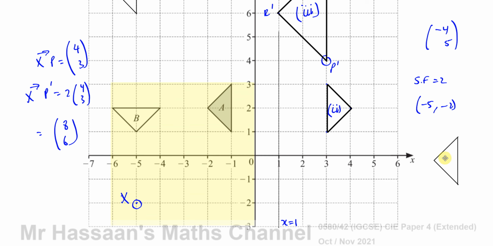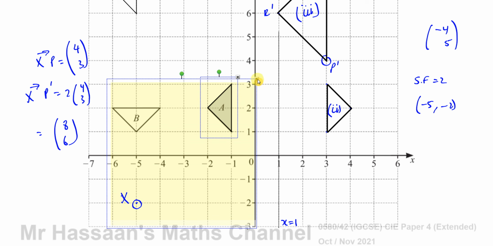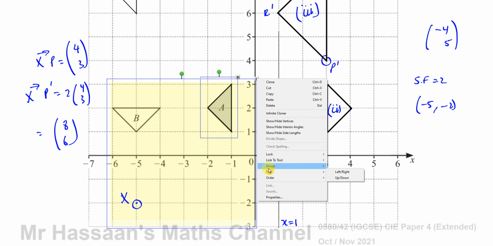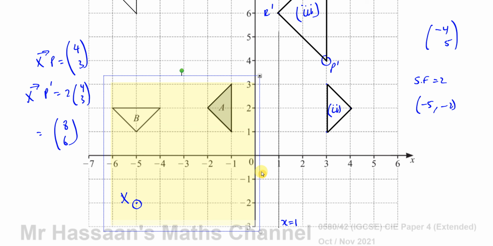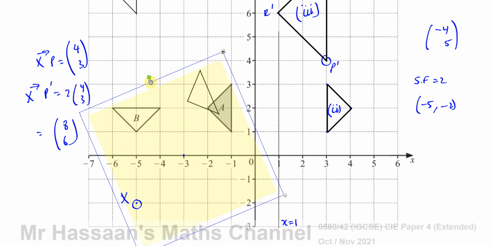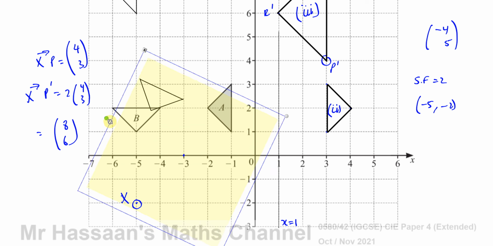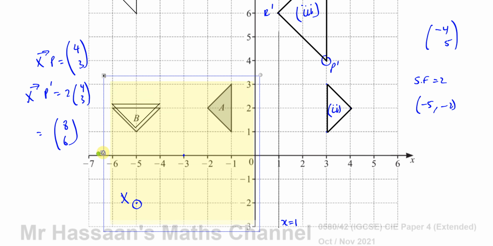Okay, I can put this over the original object. I could group them together so they move together, and then I'm testing this as a center of rotation. So let's see if that actually works. You can see, yes, it works.